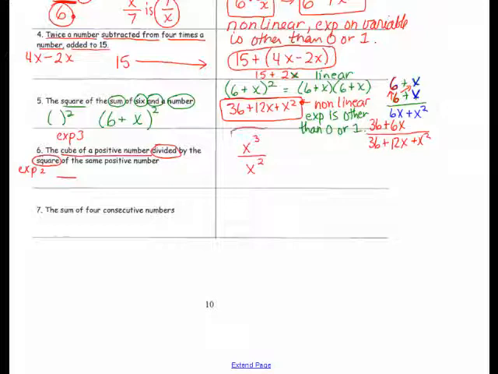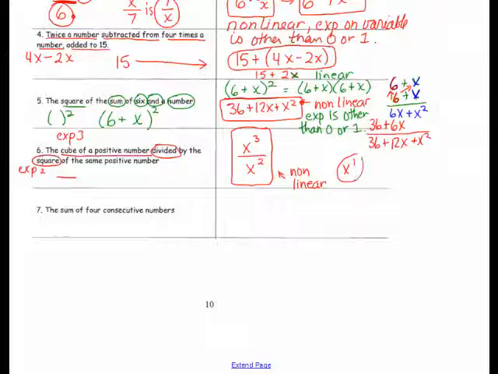In this form, you would expect a nonlinear expression because the exponent is other than 0 or 1. So in this form, this would be nonlinear. However, if you simplified that expression, that would result in x to the first power.